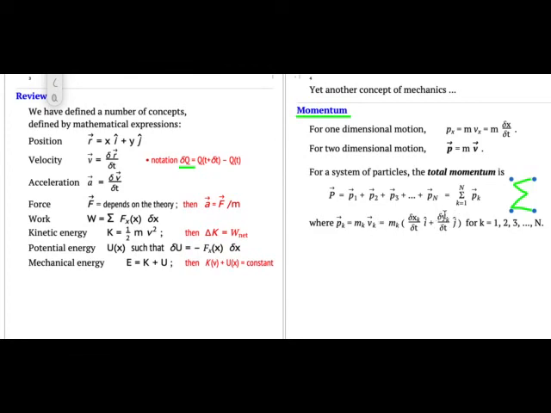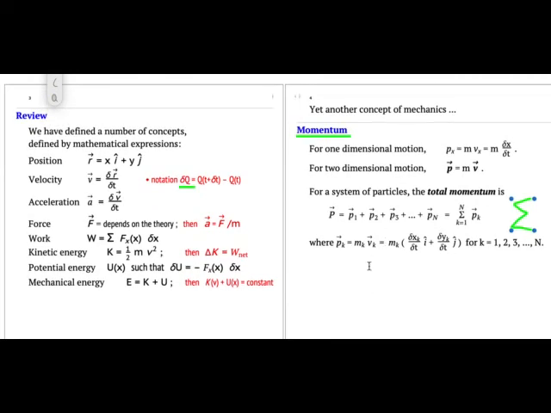Its coordinate is y sub k. The change in y_k divided by time is the component of velocity in the y direction. The unit vector is j hat. So that defines a certain concept called momentum. And now we're going to see why is that interesting and important.